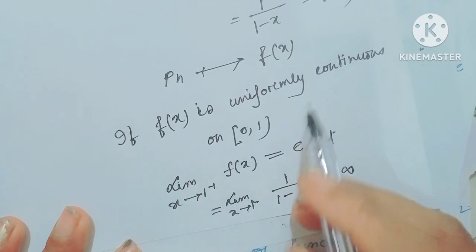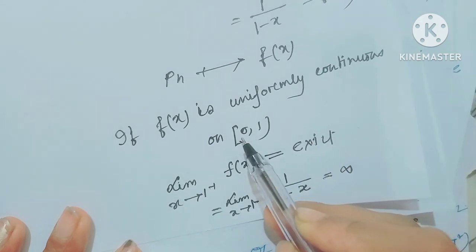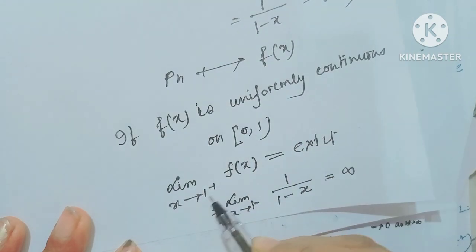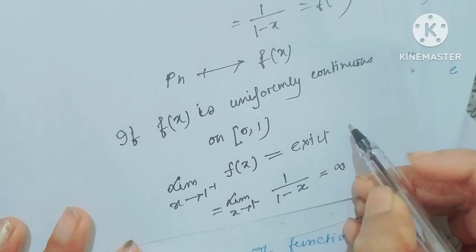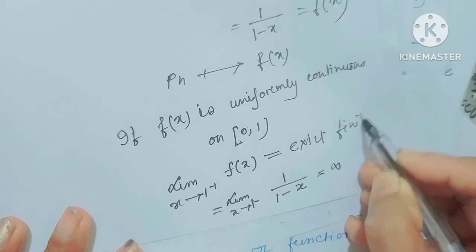But if f(x) is uniformly continuous on [0,1), then the limit as x tends to 1 minus would exist finitely.